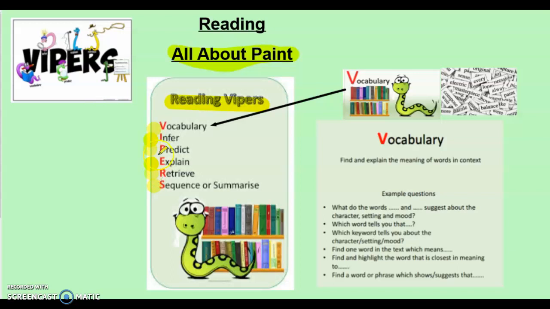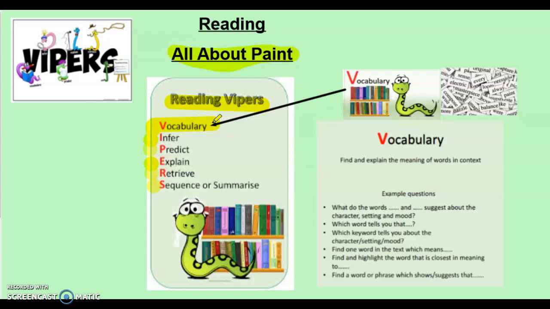Today we are really going to focus on the skill of vocabulary. We're going to read through the text all about paint, and you're going to focus on the vocabulary. Vocabulary means the types of words that have been used and chosen in the text.